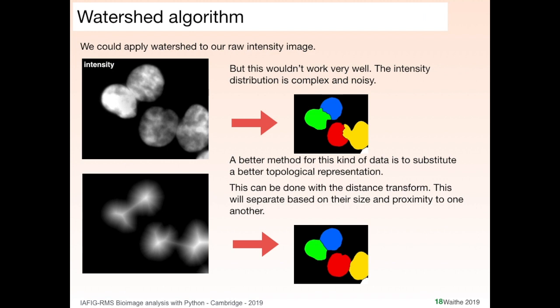So this is a distance transform. And so what we do is we apply the watershed not to this intensity distribution, but to this distance transform. And then you can see we get a very nice separation of our objects, which is based on distance, not just intensity.